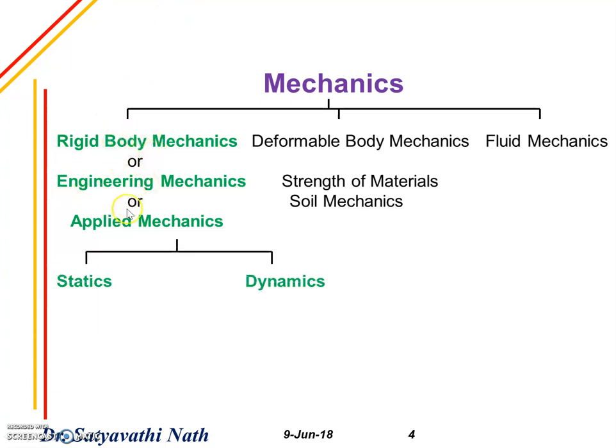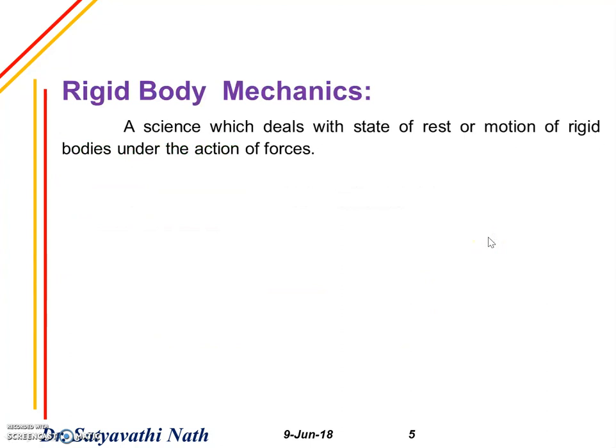This rigid body mechanics or engineering mechanics or applied mechanics can be classified into two parts, statics and dynamics. And again, dynamics can be classified into kinematics and kinetics. What are all these mechanics? Let us see now in our further slides.